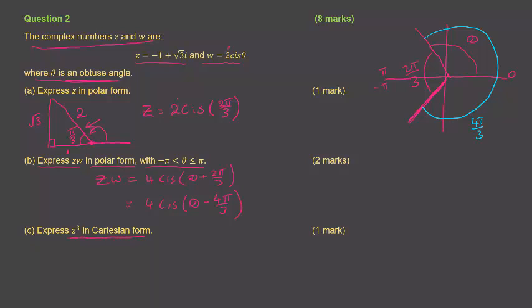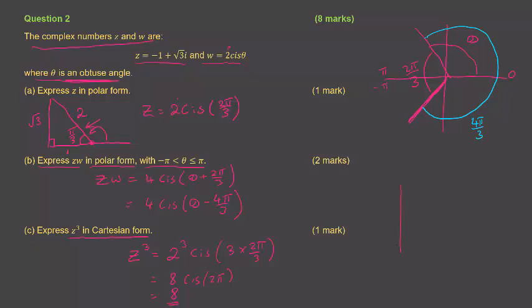We want z cubed in Cartesian form. So it's going to be cube the modulus and multiply the argument by 3, which is 8 cis 2 pi, which is better known just as 8.